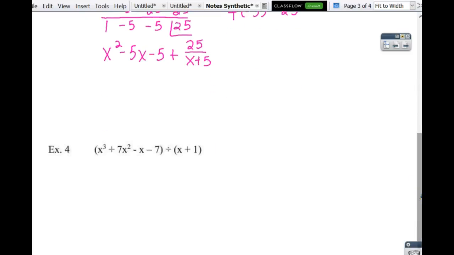Okay, what's the root? Negative 1. So I'm going to have 1, 7, negative 1, negative 7. Bring down the 1.